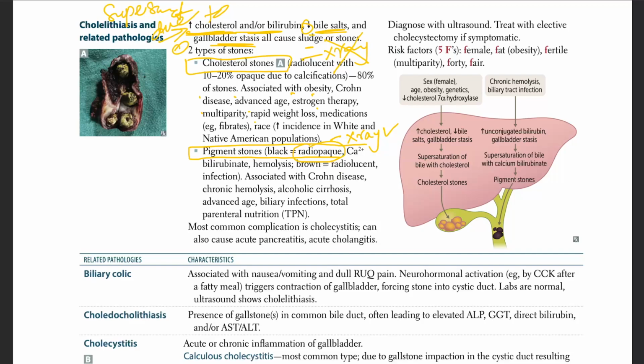While the pigmented stones, which are black, you can see on X-ray. So calcium bilirubinate. What do we have here? Black equals radio-opaque, calcium bilirubinate stones, hemolysis.